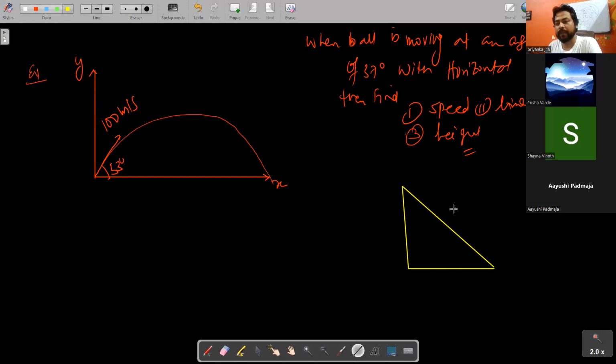Take this side as 5, and the smaller sides as 3 and 4. Assuming this is the smaller side, 3, this angle would be 90 degree, and the smaller side means the opposite angle should be smaller. So this angle would be 37 and the bigger would be 53. This is the trick. You remember, right? Okay, thank you, sir.